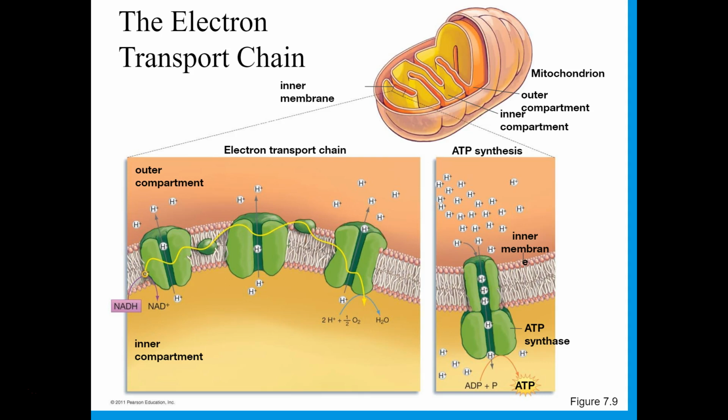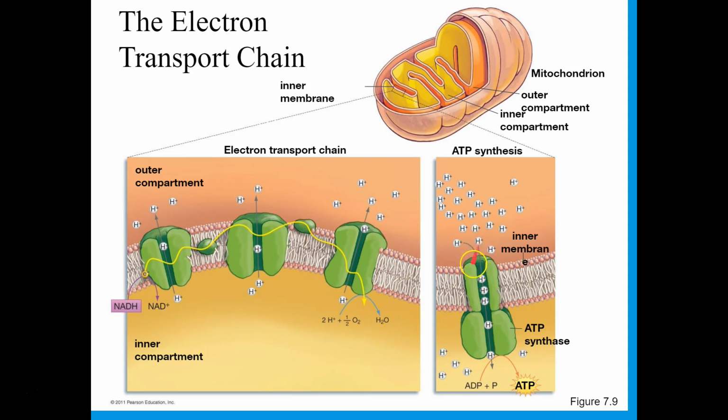This is going to create a whole bunch of positive charges in this outer region. If you have a whole bunch of positive charges together, what are they going to want to do? They're going to be high concentration. They're going to want to diffuse because of charge and because of concentration.